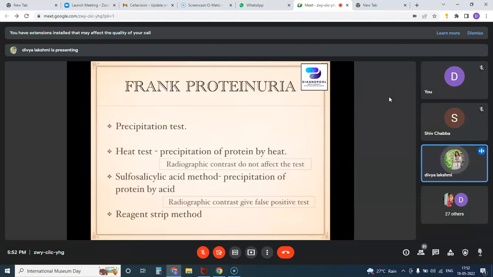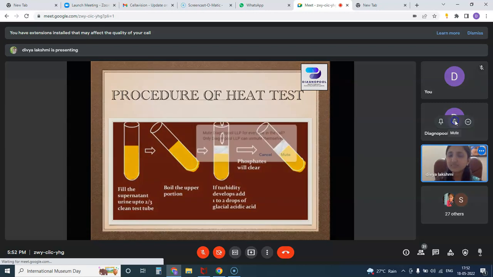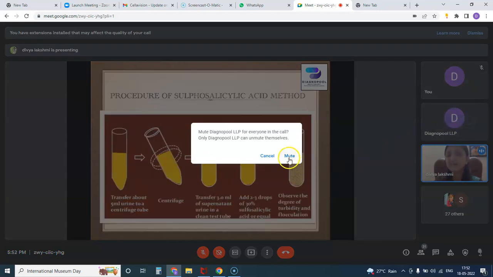In urine, for checking protein, we have 2 different tests, the heat test and the sulfosalicylic acid test. In the heat test, take 2/3 ml of urine and heat just the upper part. If turbidity occurs, add 2 drops of glacial acetic acid. If phosphates are present, it will clear, and it will tell whether protein is present in the urine or not.